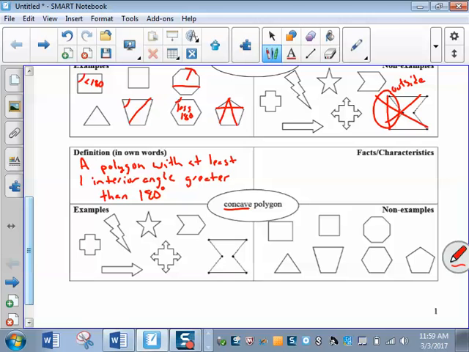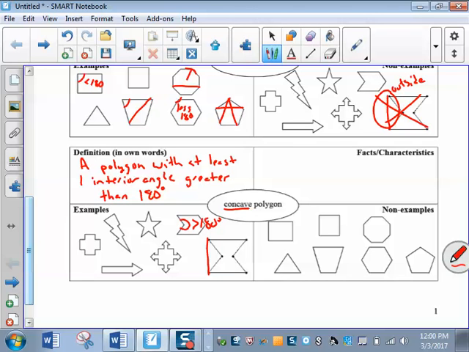Right? It just means one. If one of them is greater than 180, you can see this interior angle is more than 180 degrees. So it is concave. You can see this has a diagonal on the outside, so it must be concave.